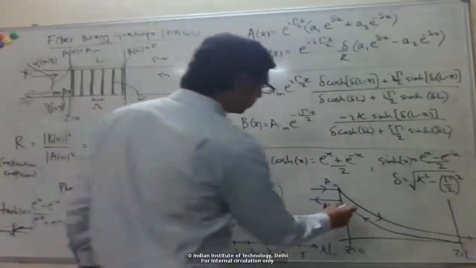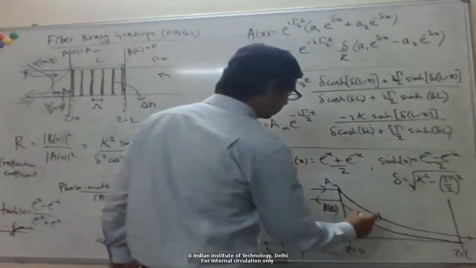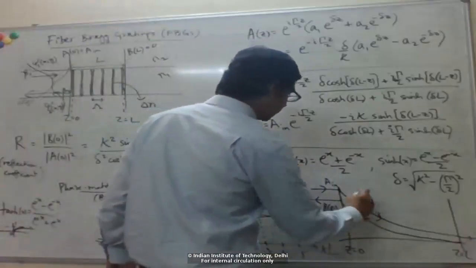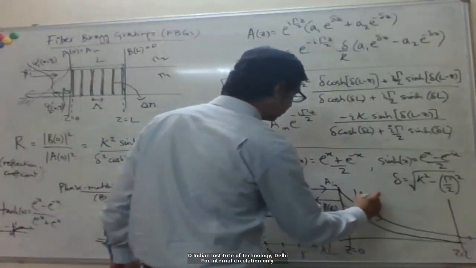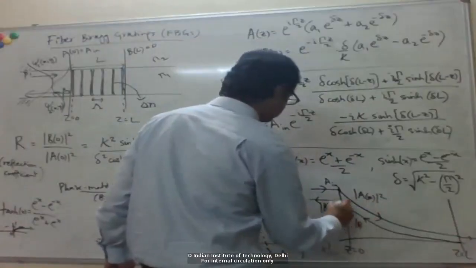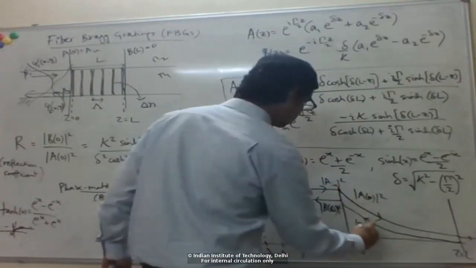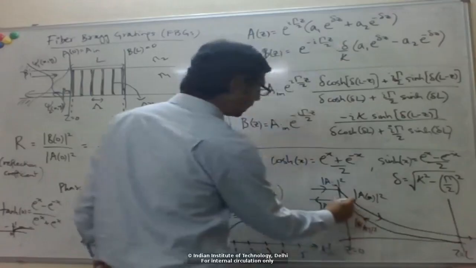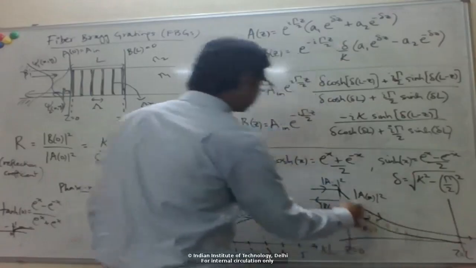So if you look at this difference, what I'm plotting is the mod of the power in the forward and backward propagating waves.